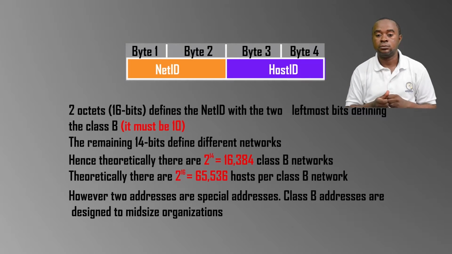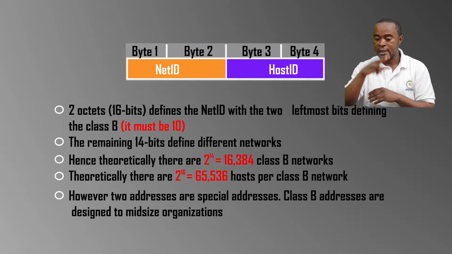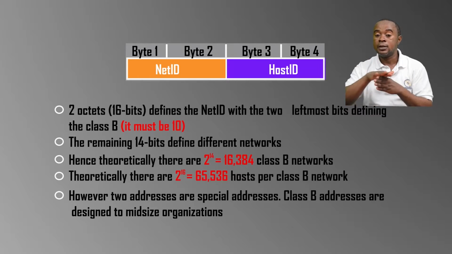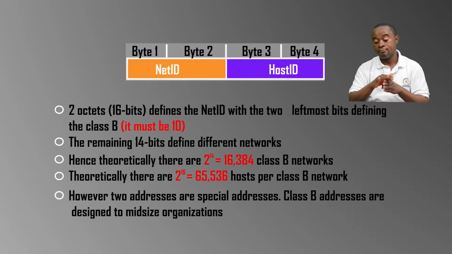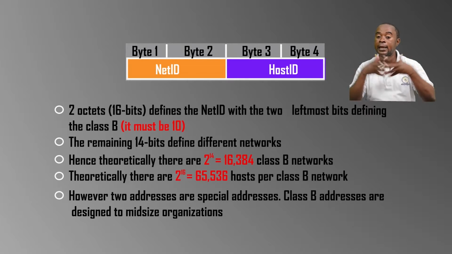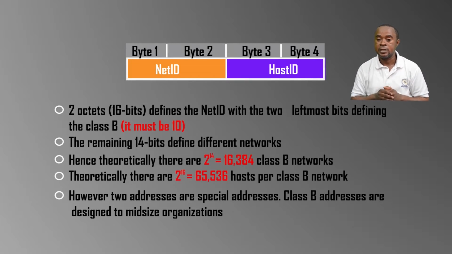And also if you convert the first octet or the first byte for class B, you'll get 10. So if you minus 2 from 16, we get 14. These 14 bits represent the network identification. And to obtain the number of networks of class B, we use the same formula: 2 power n is equal to the number of class B networks.